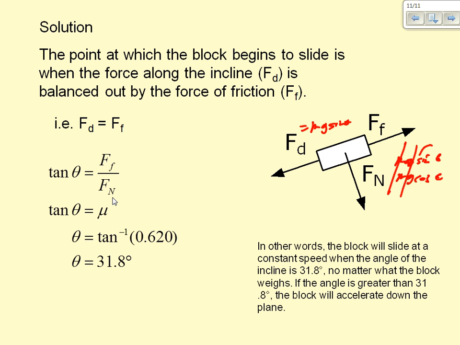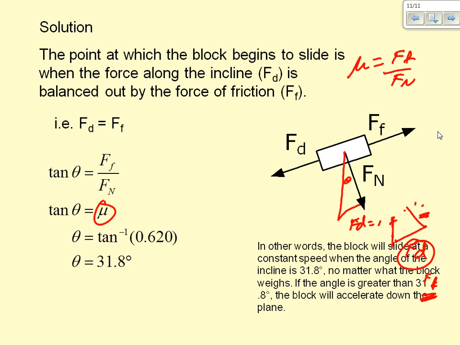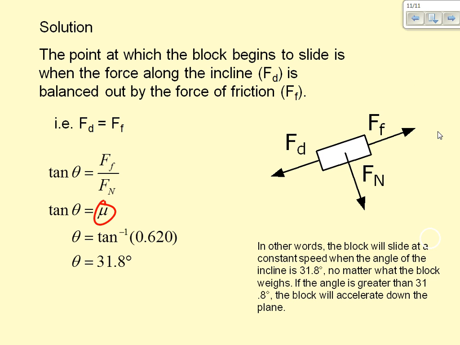By the way, trig identities, what's sine theta over cos theta? Tan. I don't understand how the weight is not. I'll go through that again. In this triangle, this is FD or FF.